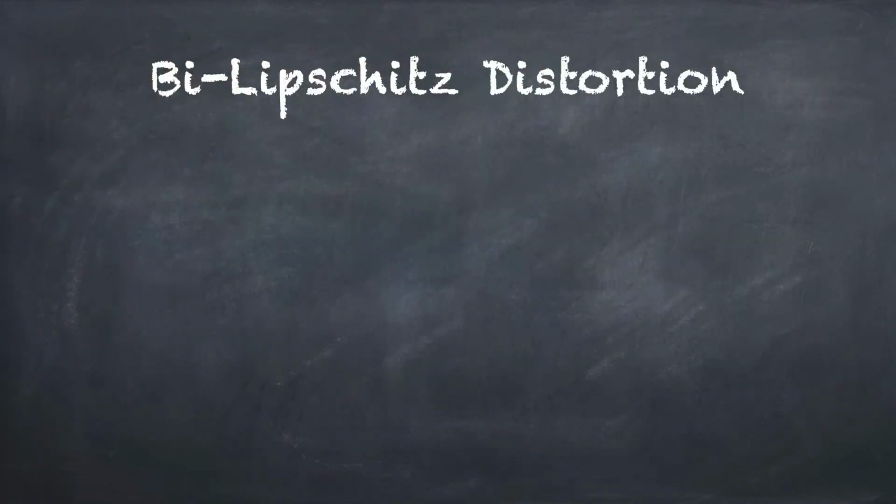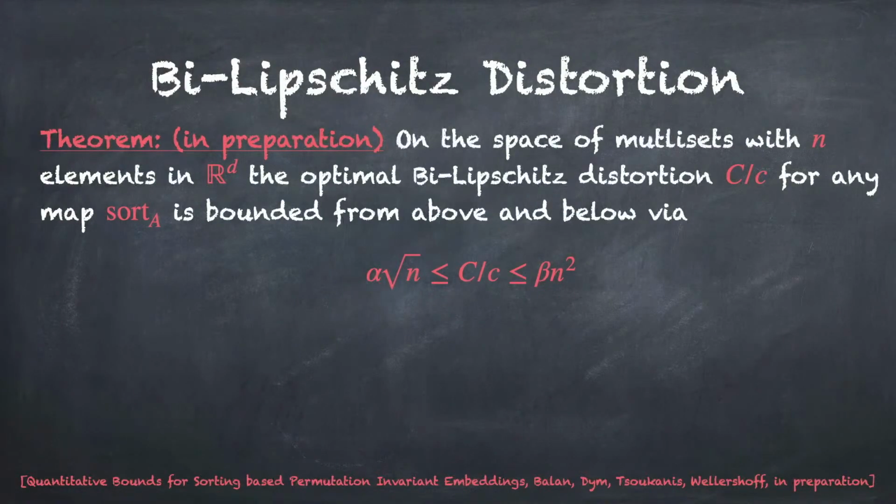Okay. So up till now, we were only talking about being bi-Lipschitz without controlling the bounds at all. We now have a result, which is almost published, almost on arXiv, which says that you can bound this distortion; it's between n squared and square root of n, essentially.